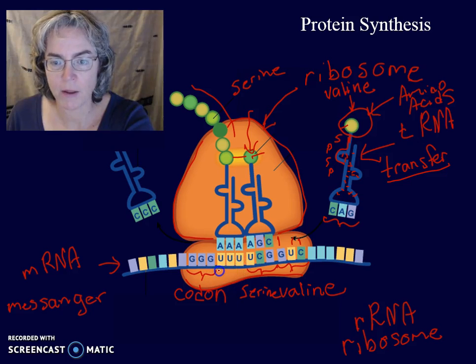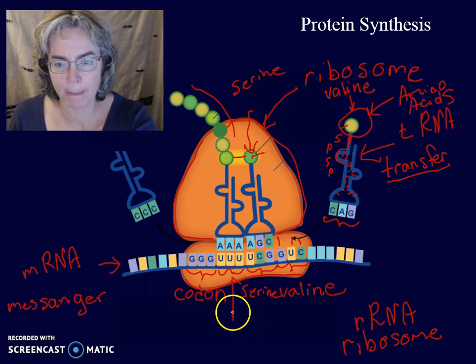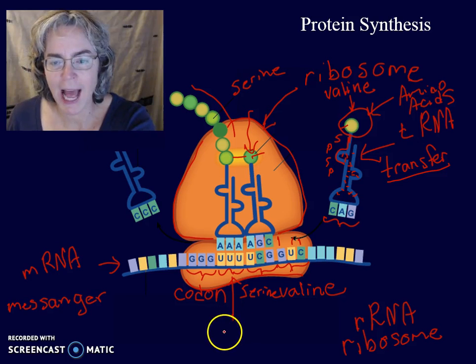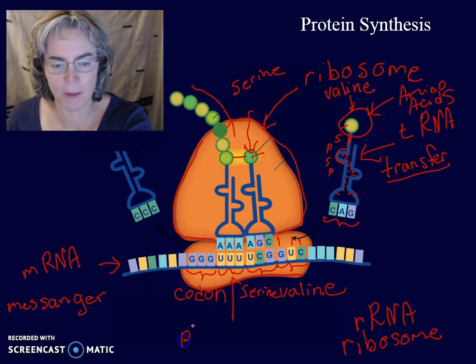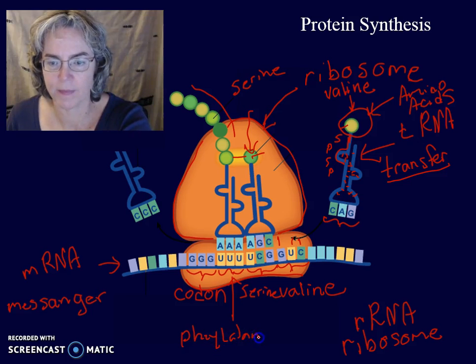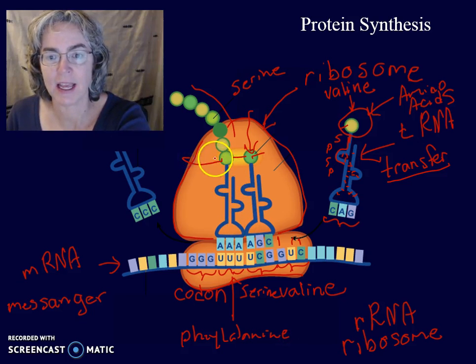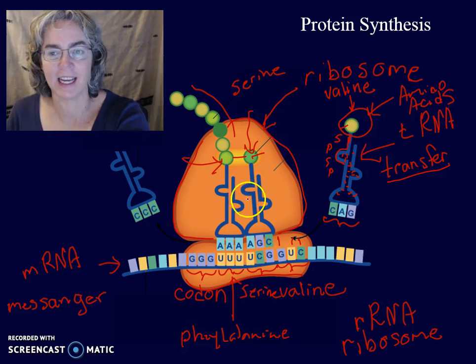This codon right here codes for phenylalanine. So this amino acid right here is phenylalanine.